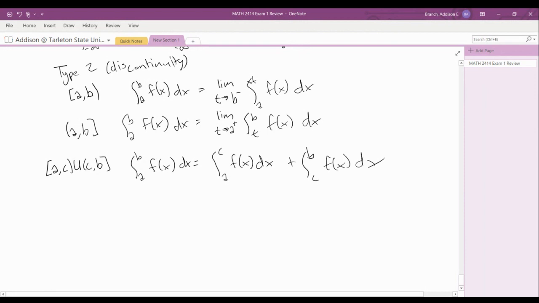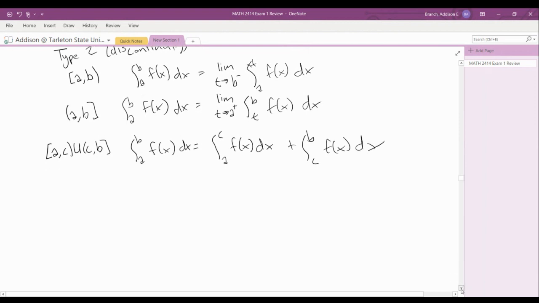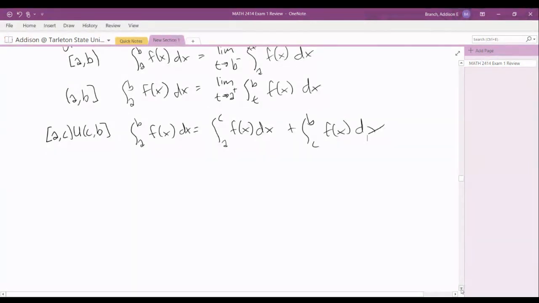So now that we've shown how these can be improper, let's also talk about what the limits have to do. We can say that an improper integral is convergent if the limit exists. However, if the limit does not exist, it is considered to be divergent.